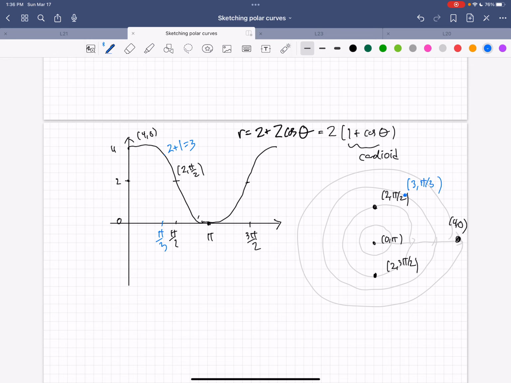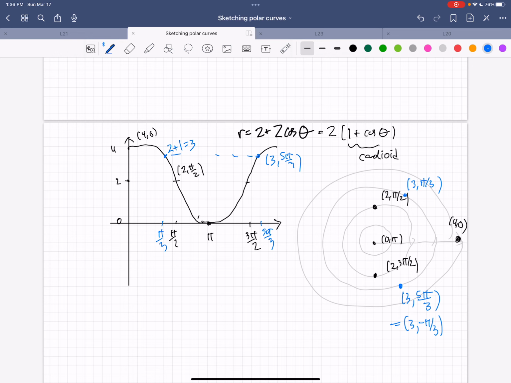And then we'll have the same one over here. So this is at 5 pi over 3. We'll get the point again, so that'll be like right here. We could also write that as (3, negative pi over 3), if that helps with the symmetry for you.